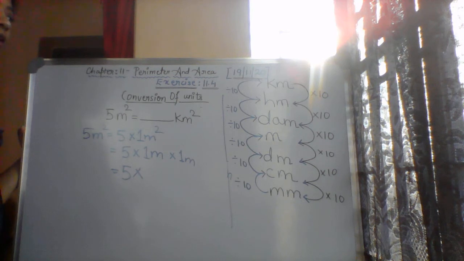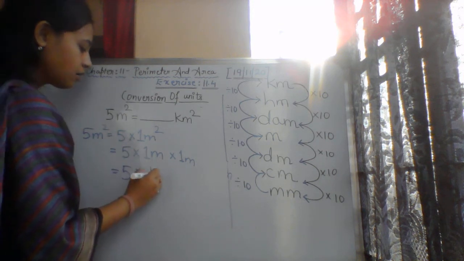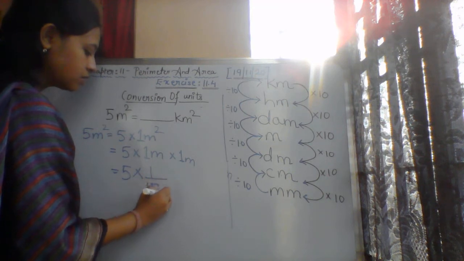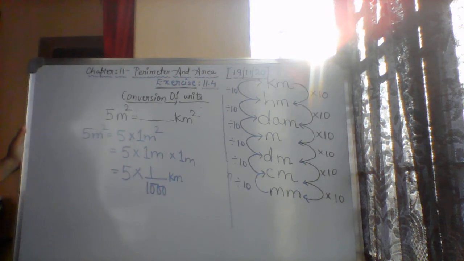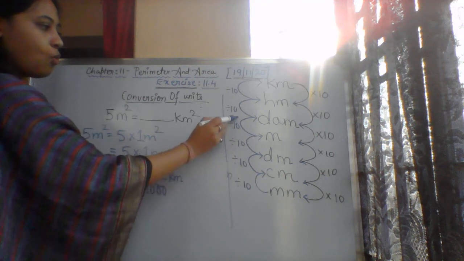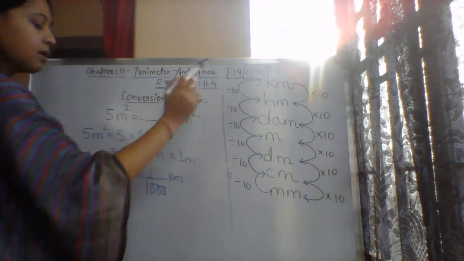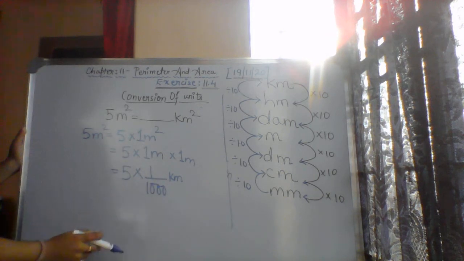So it will be totally divide by 1000. So 1 meter equals to 1 by 1000 kilometer. Since we are going from smaller unit to bigger unit, so divide.